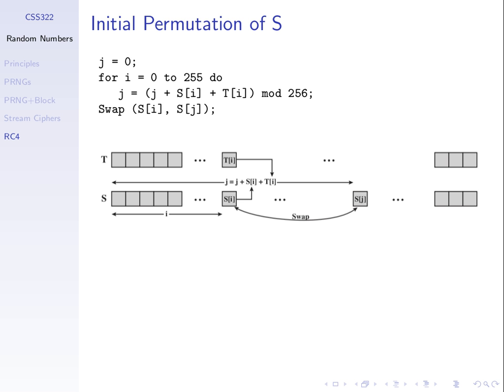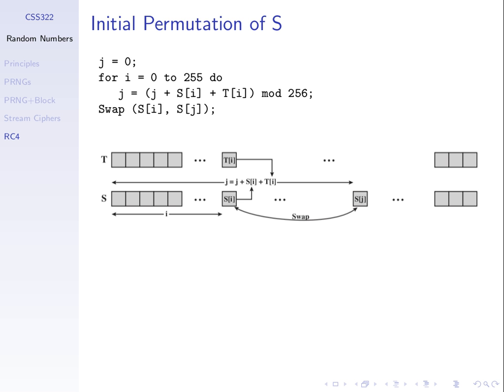S1 is 0. Our state vector, remember, index 0, 1, so S1 is 0. T1 is 2. So j plus Si plus Ti is 1 plus 0 plus 2 is 3, mod 8 gives us 3. The new value of j is 3.